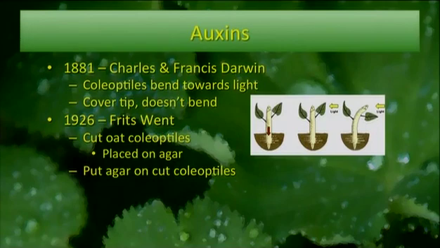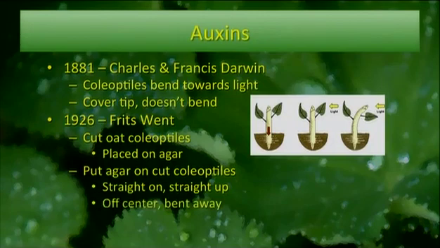Then he put the agar on the cut coleoptiles. When he put it straight on, the coleoptiles continued to grow straight up, but when he put it off center, it tended to bend away from where it was.